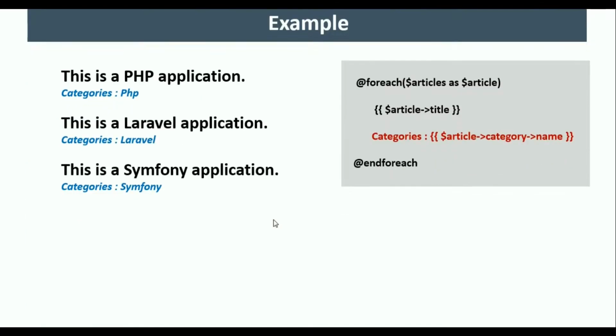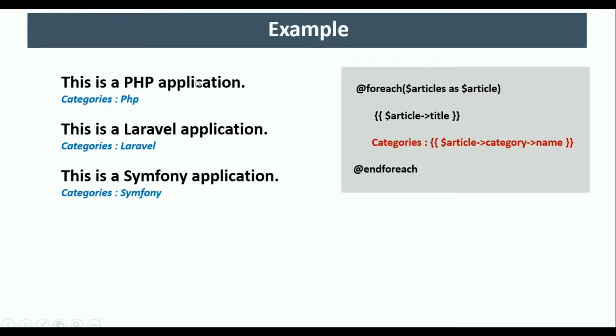So let's see, for example, this particular listing is displaying the article title and the category it belongs to. Suppose I have three articles in my articles table, and the categories are PHP, Laravel and Symfony, coming from the category table.